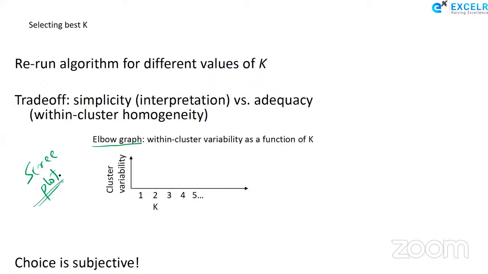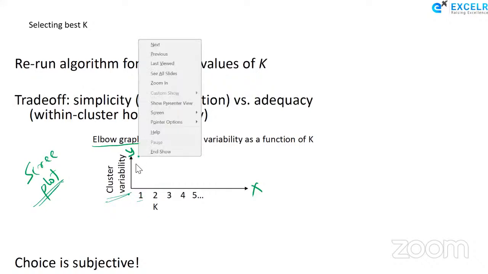So what is this scree plot all about? On the y-axis, we are going to plot the within cluster variability. And on the x-axis, we are going to plot the values of K. So for K equal to 1, we will have the highest variability because all the data points will be mixed with each other.